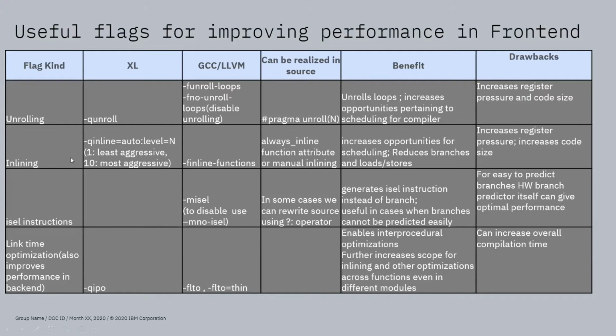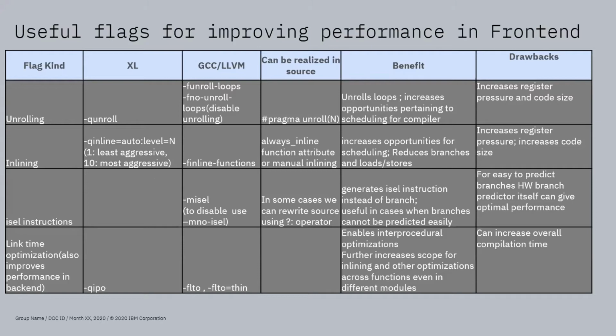Apart from these, there is this basic link time optimization, which also improves performance quite significantly, because it further increases the scope by expanding across multiple files. So basically, instead of just looking at a single file and the functions within that file, interprocedural optimizations, which get enabled in link time optimization, open up a new field for the compiler to play with.